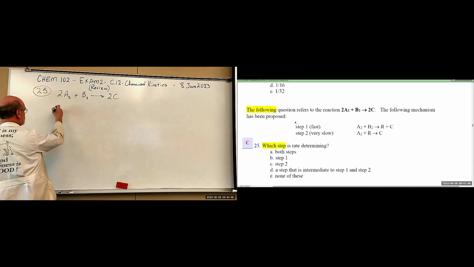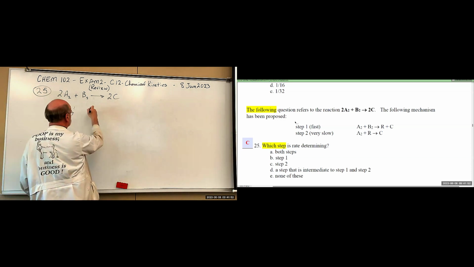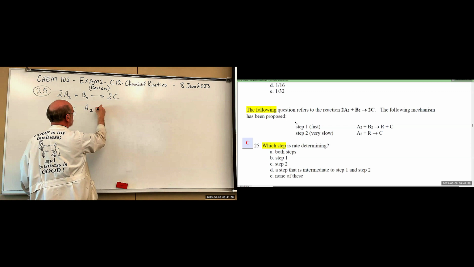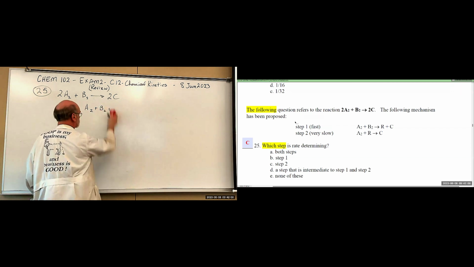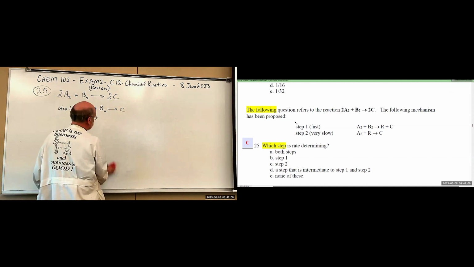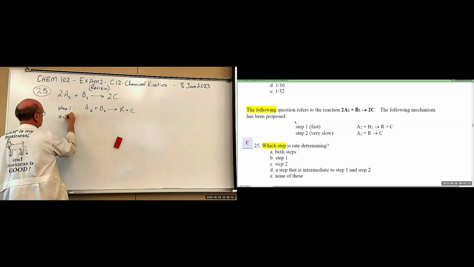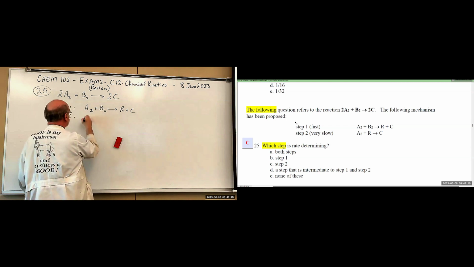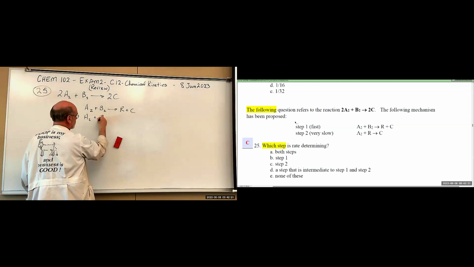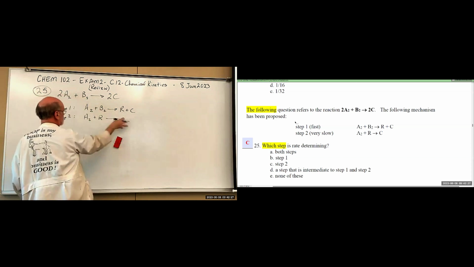And we're given a proposed mechanism. Elementary step 1 is A2 plus B2 yields C plus an intermediate. And then step 2 is another A2, right? Got another A2 over here, plus that intermediate yields another C. So we have 2 C's, we have 1 B2 here, 2 of those, 2 of those. So we're good.